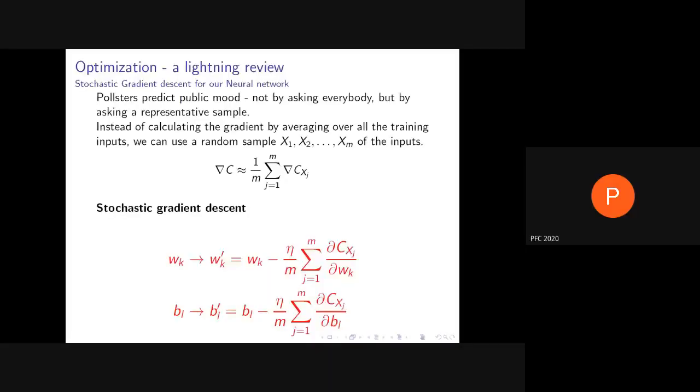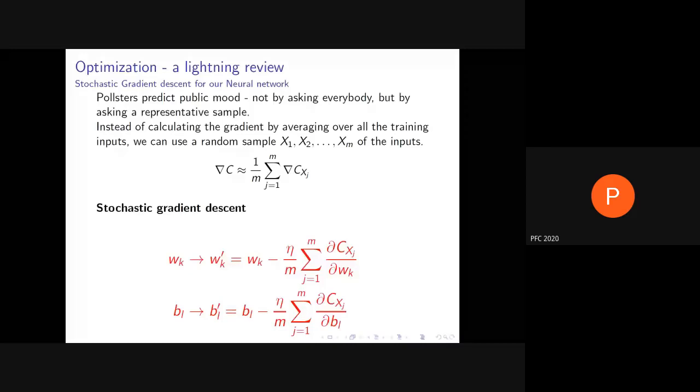Okay, now let's talk about the final technical part of this, and this part is a lot more technical than the previous part, and I'm very hesitant to unleash it in its full glory on you. So what I will do is perhaps skip over many of the mathematical details in the next few slides.